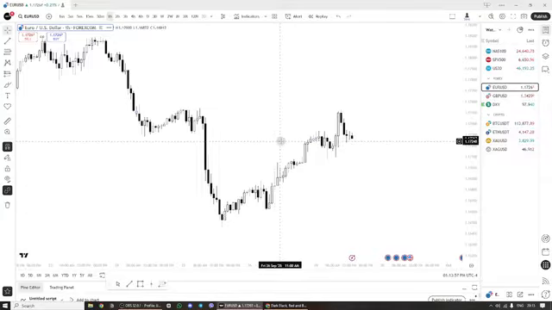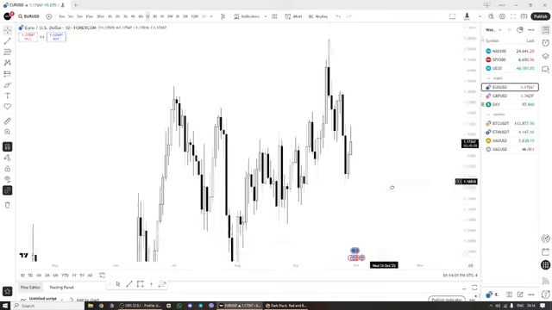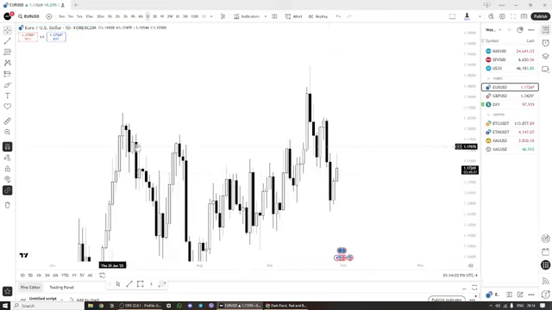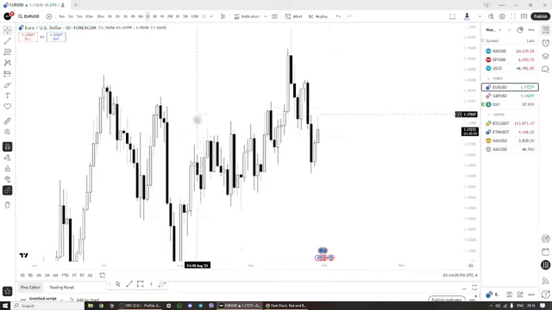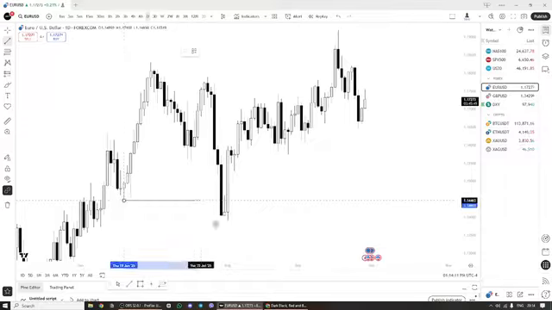The next thing was internal and external range liquidity. As I said, that's key levels. What we mainly do is, once we sweep, this is external range liquidity, and we go back to internal. Why?